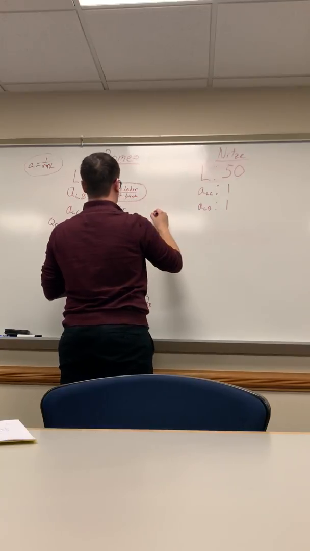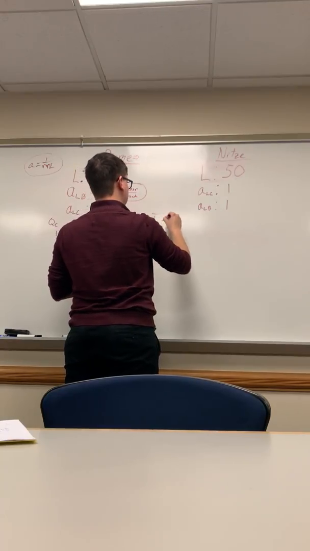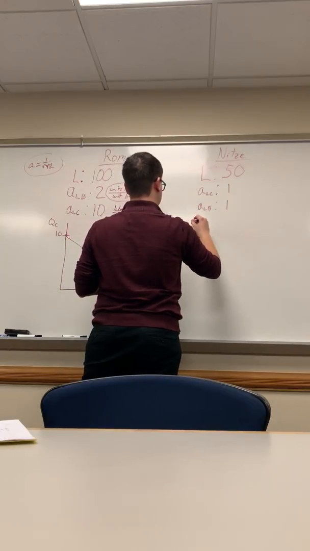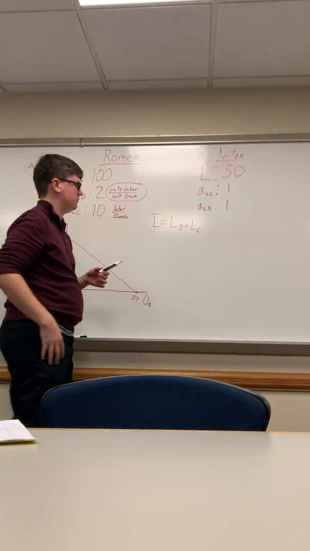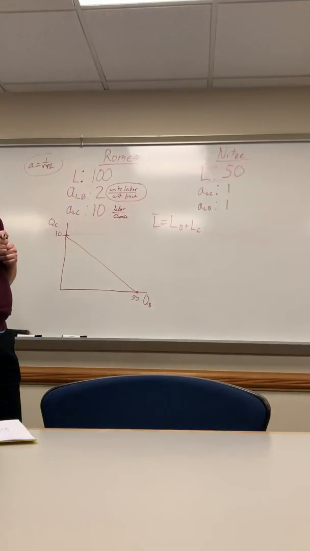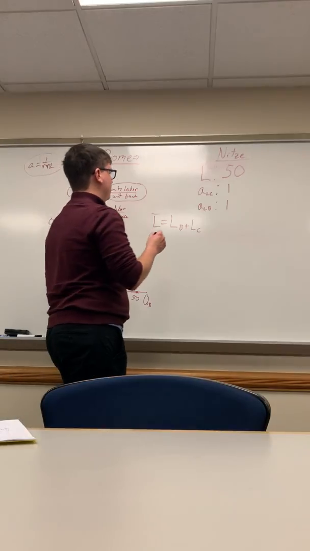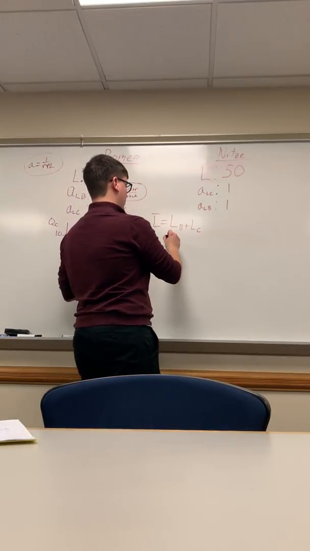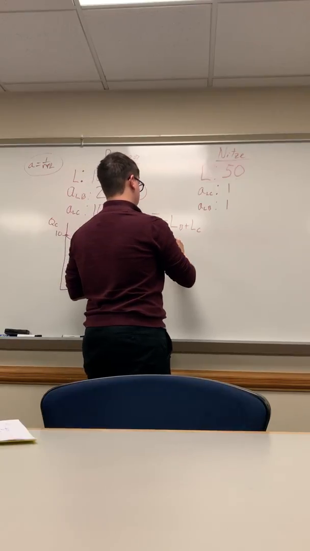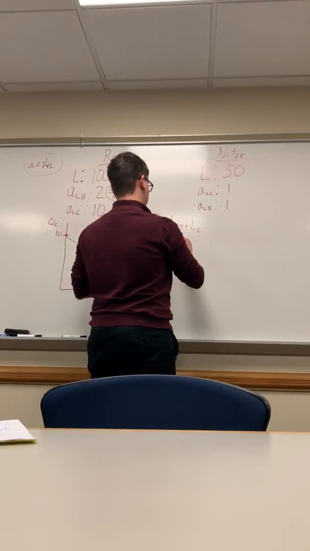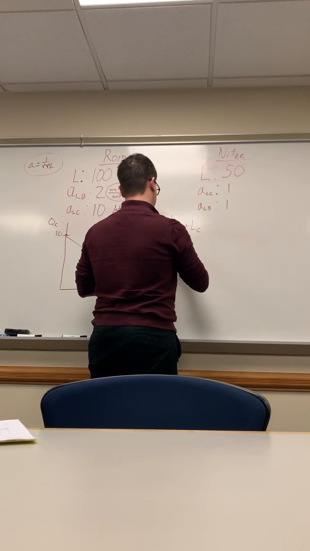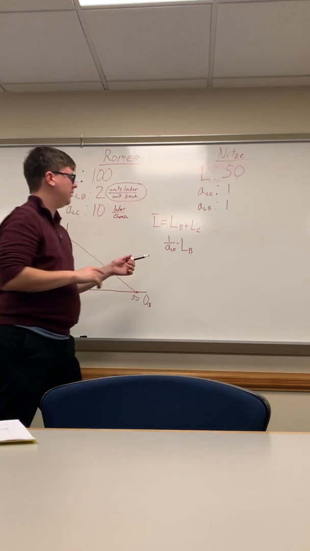Because we know that our total labor, L bar, equals L sub B plus L sub C. And we know also that if we do this, so we could get 1 over A times L B, right?